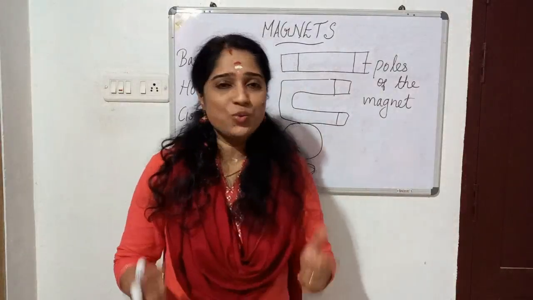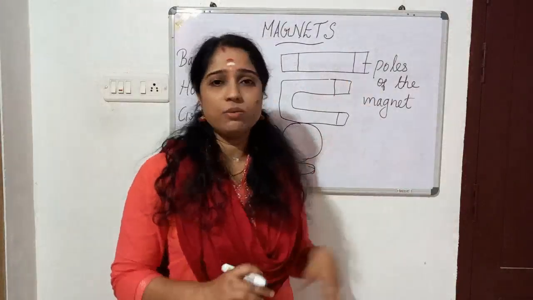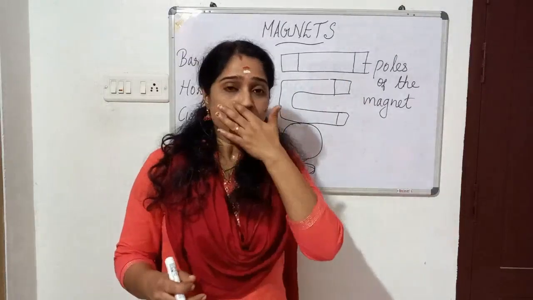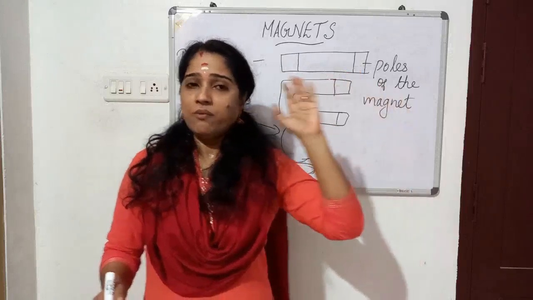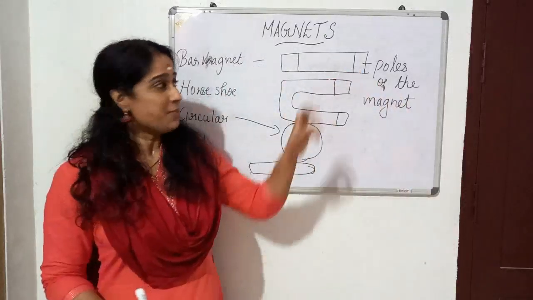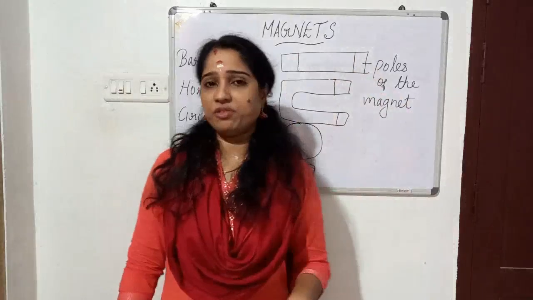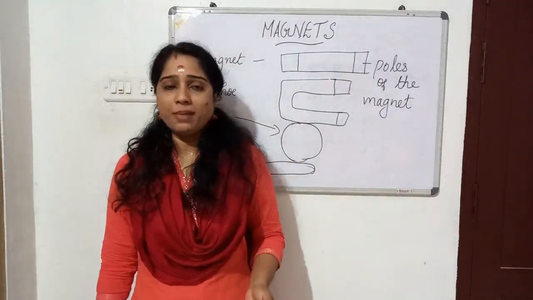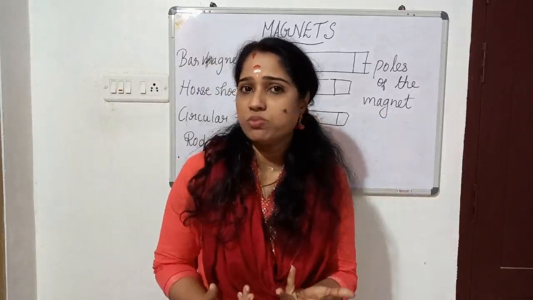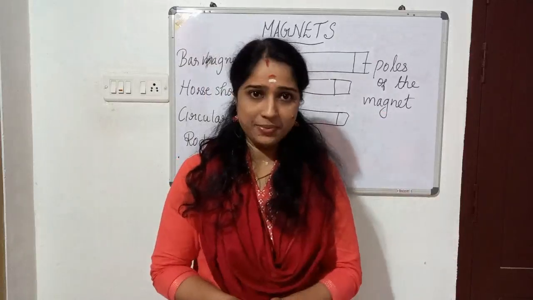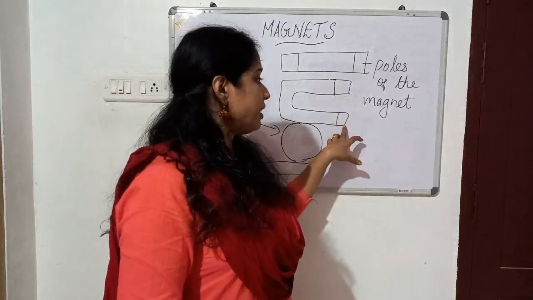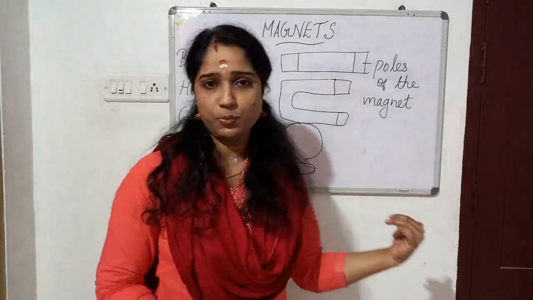After watching that, you will understand it better, because I don't have a bar magnet now to show you how it attracts. When you watch the video, it will be more clear. Okay, children? So the poles of the magnet have the most attractive power, so they can attract the objects towards them very easily. Clear? Yes. In case of horseshoe magnet also, we can easily identify the poles. Here also we can identify the poles.